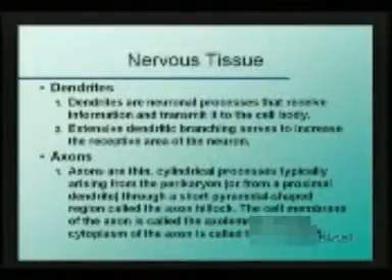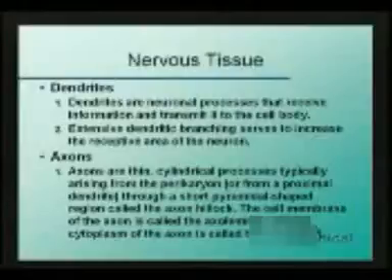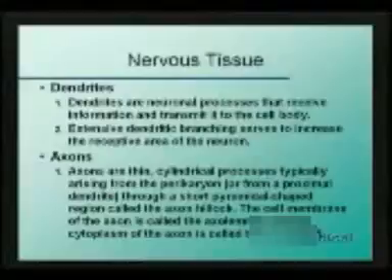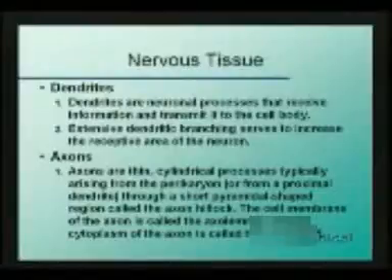Dendrites themselves, as we know, are the neuronal processes that are specialized to be highly branched and transmit information to the cell body. Axons are thin and of uniform diameter, extend from the cell body to whatever the target structure is, be it another neuron or some sort of gland, muscle, or what have you.